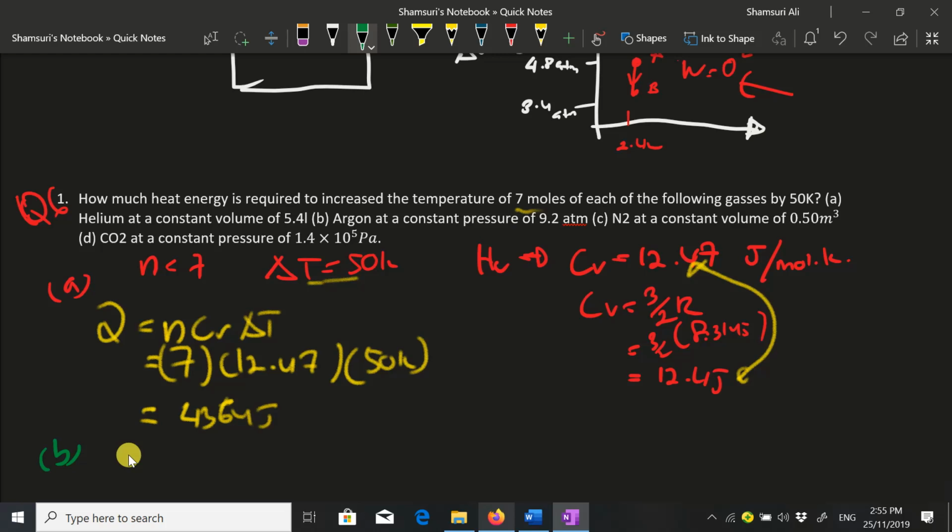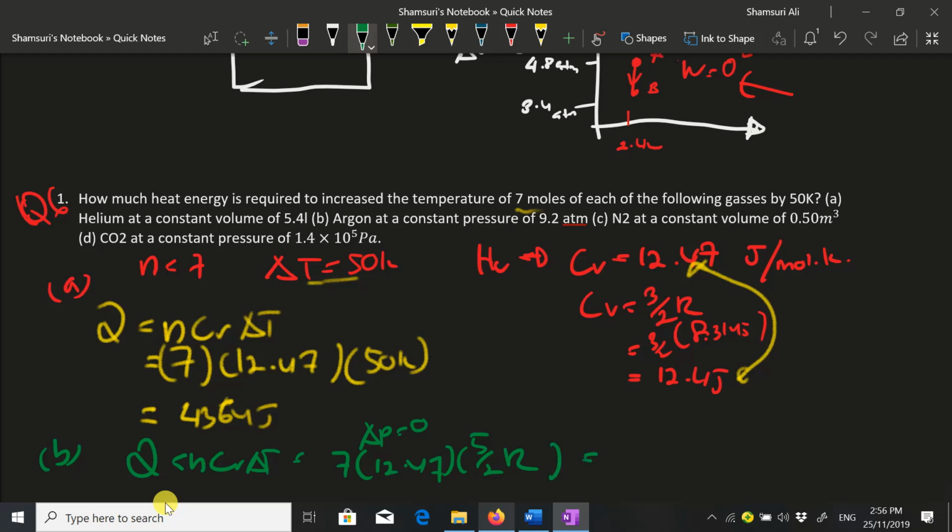So see the same argon, constant pressure, that's CP equals CV plus R. And then delta T, but n is 7, and we use 12.7.